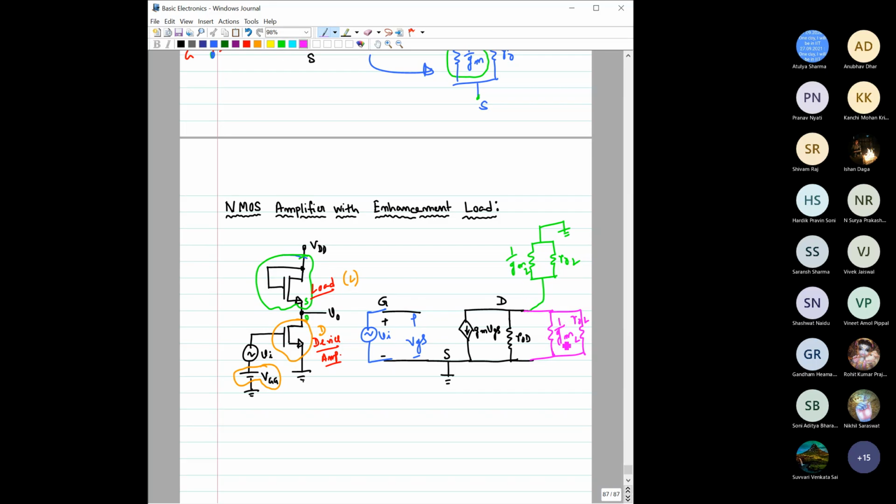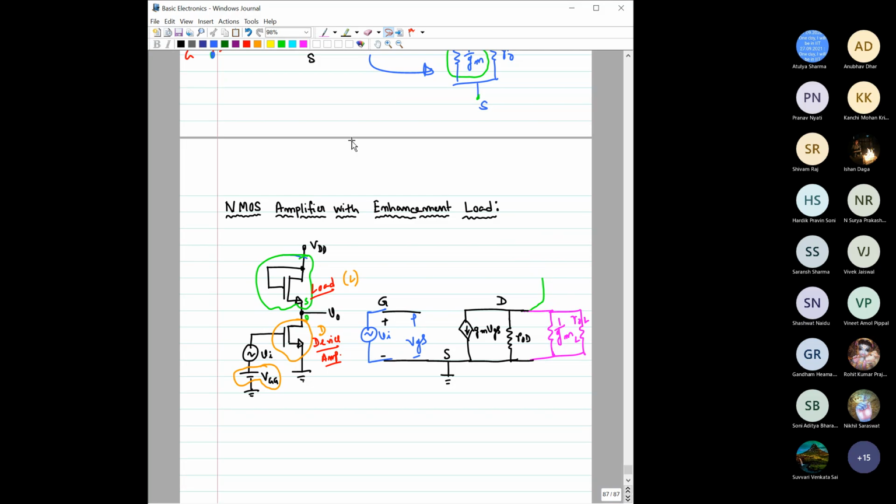It would be 1 by gmL and r0L. It is the same thing. You could have drawn it like this or in this fashion, so no need to draw it separately.